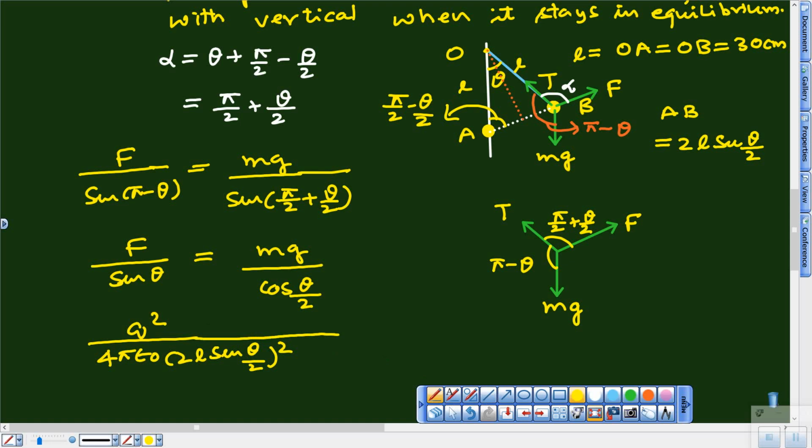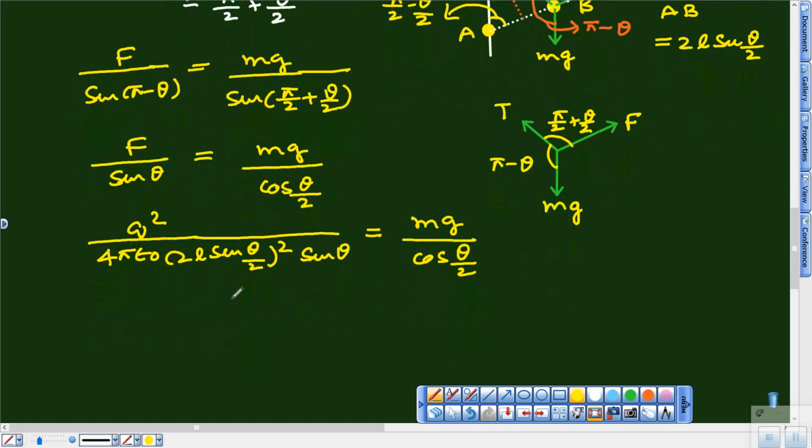And of course, one more sine theta, which was already there in this statement, is equal to mg upon cos theta by 2. Well, this sine theta can be broken down into half angle, that is 2 sine theta by 2 cos theta by 2.